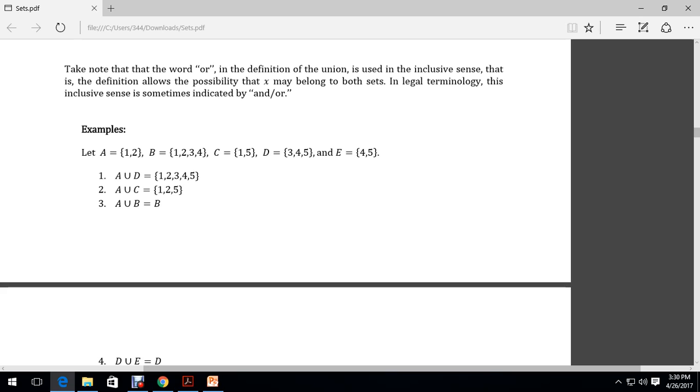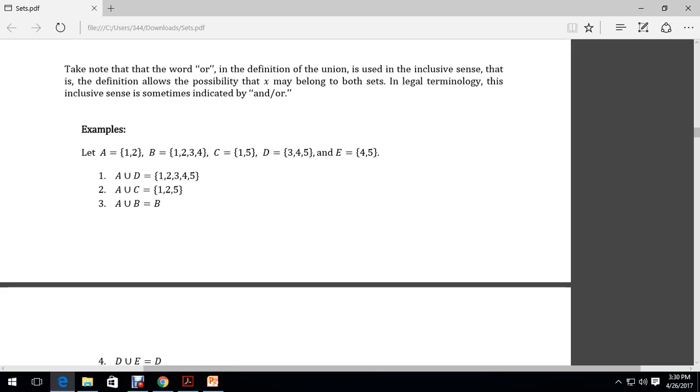in this set of examples, we are asked to get the union between A and D. Now take note of the answer. The union between A and D is the set containing the elements 1, 2, 3, 4, and 5.